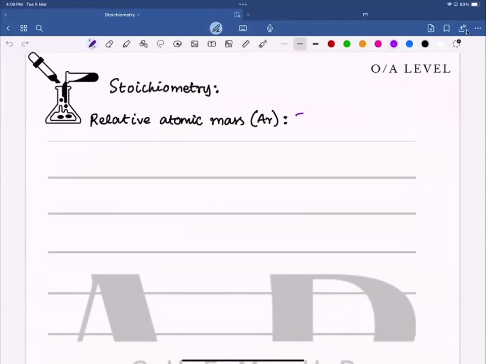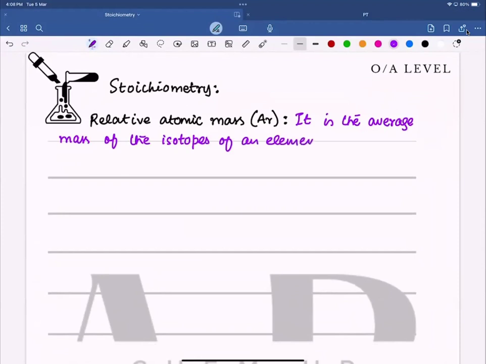So we can state that it is the average mass of the isotopes of an element.